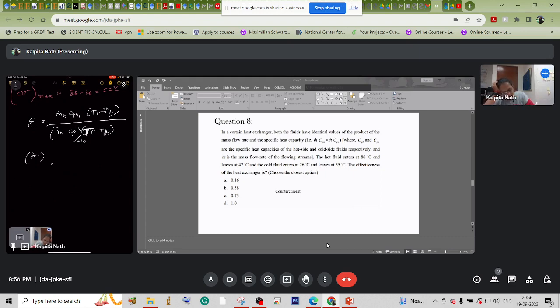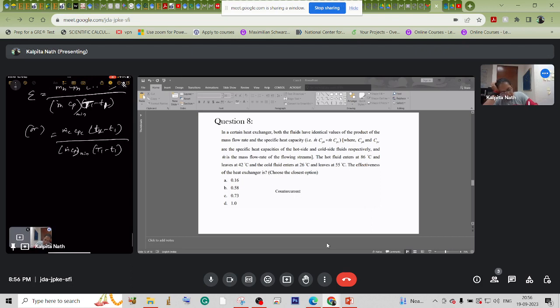Or we can also write this in terms of the cold fluid, that is mc dot cpc (T2 minus T1), or this m dot cp minimum (T1 minus T1).